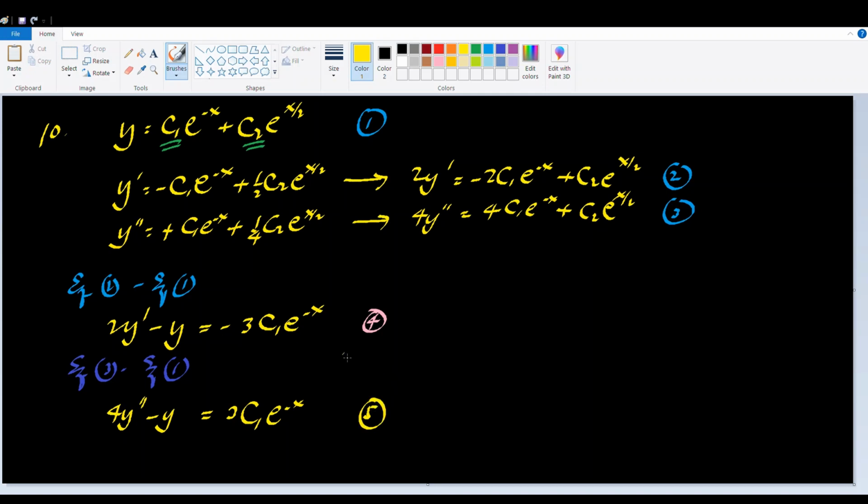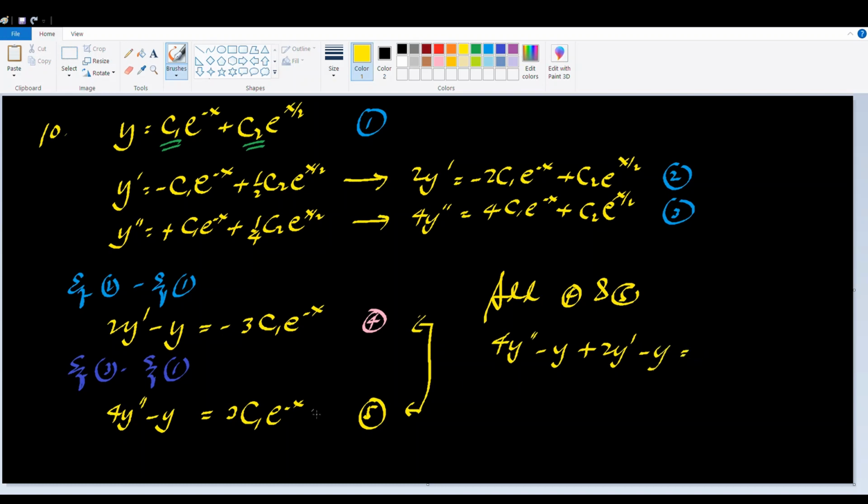So what do we do now? With equations 4 and 5, we simply add 4 and 5. So 4y double prime minus y plus 2y prime minus y equal to 3c1 e to the minus x minus 3c1 e to the minus x. That will be equal to 0.